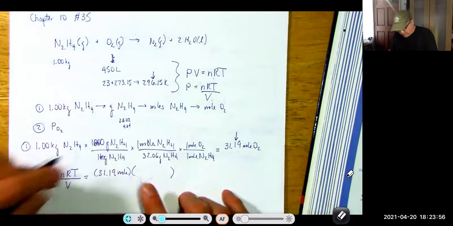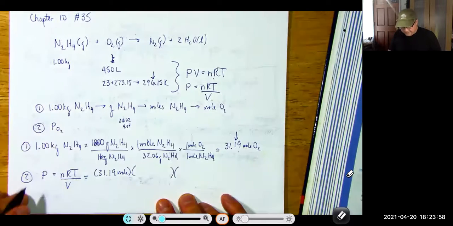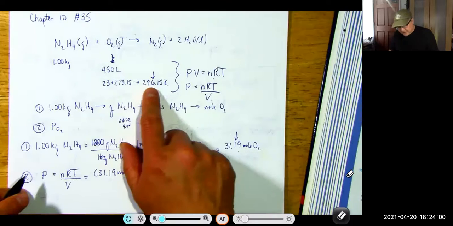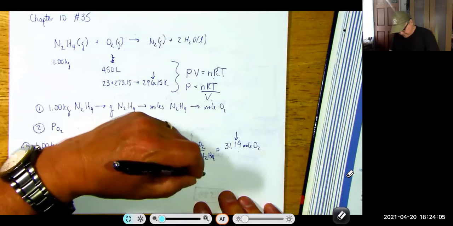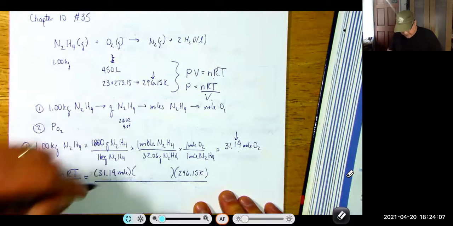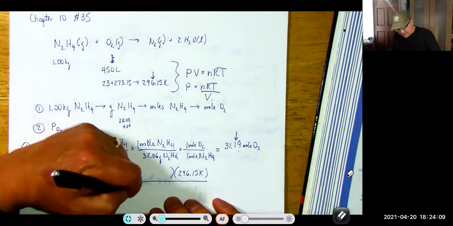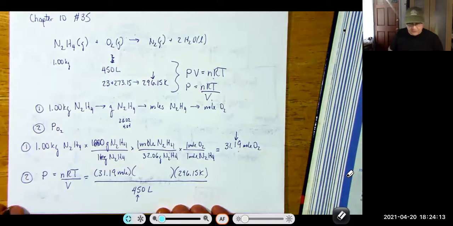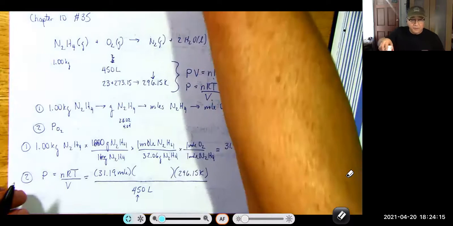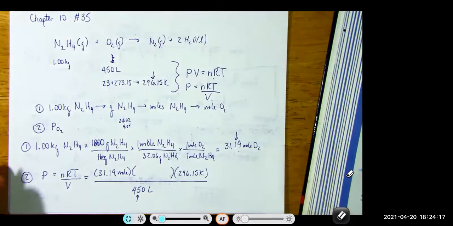So I'm going to leave R blank for a moment. T is 296.15. And V is 450 liters. And that's only got 2 significant figures because it didn't say 450 point. Right.